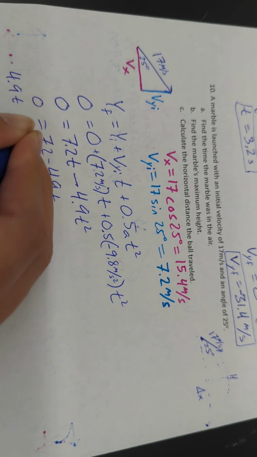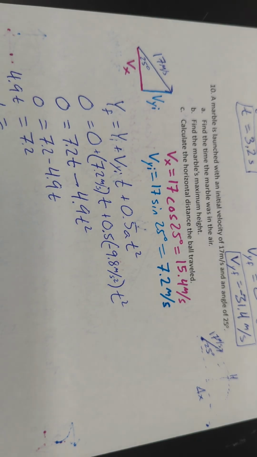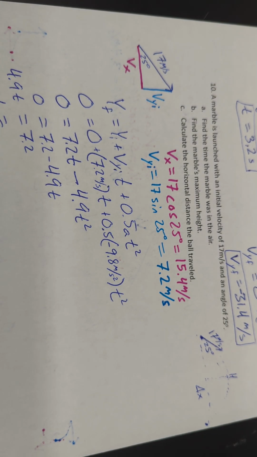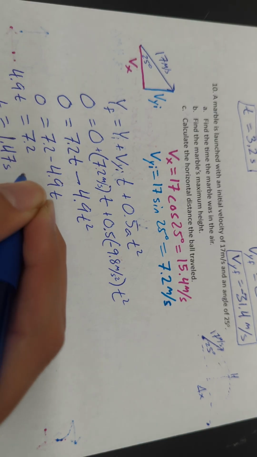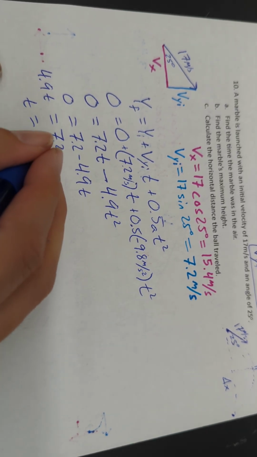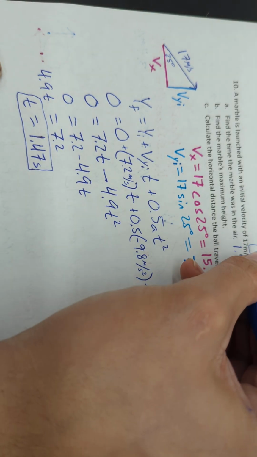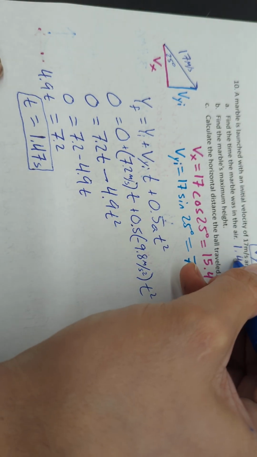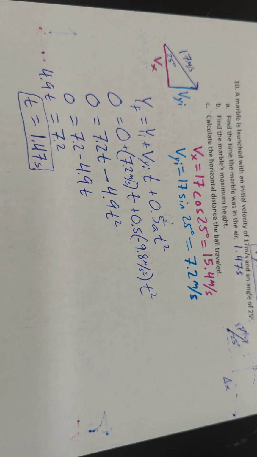Add 4.9t to both sides, and then divide both sides by 4.9. 7.2 divided by 4.9 gives about 1.47 seconds of time in the air. All right, next we have to find the max height.